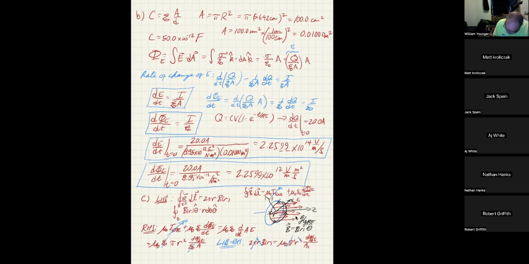And I ultimately get that B vector is in fact going to be equal to, depending on how I wish to write it, mu 0 over 2 times A of the capacitor times dq dt times r in the theta hat direction.